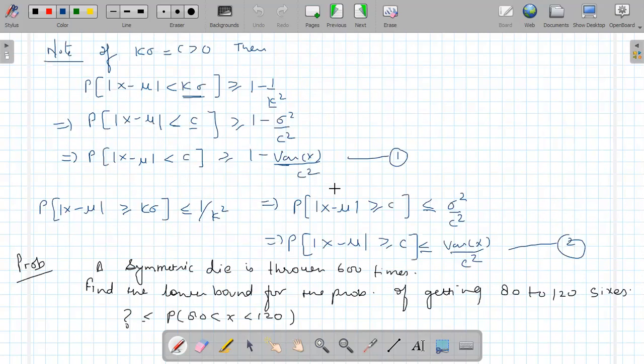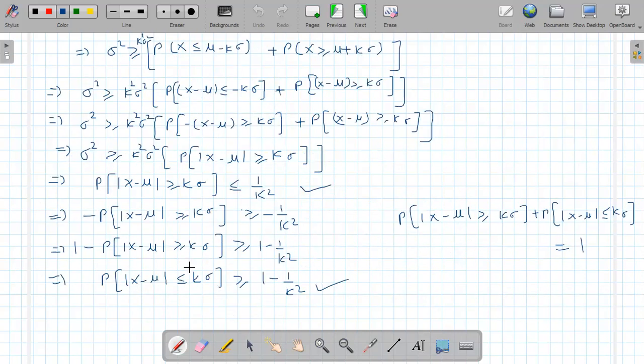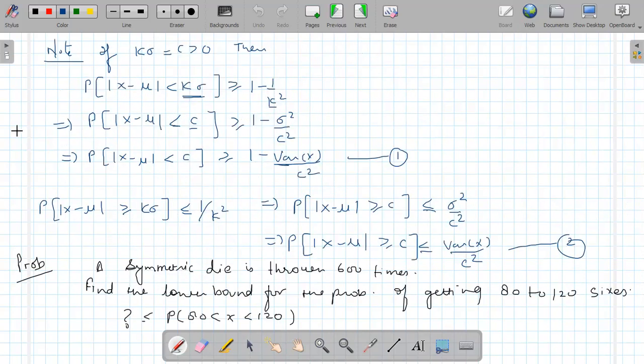We can get another expression also in terms of variance. If we replace k sigma here by some constant c, then the value of k will be c upon sigma. So we replace k square by c square upon sigma square.